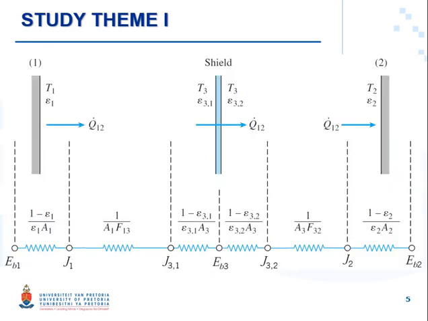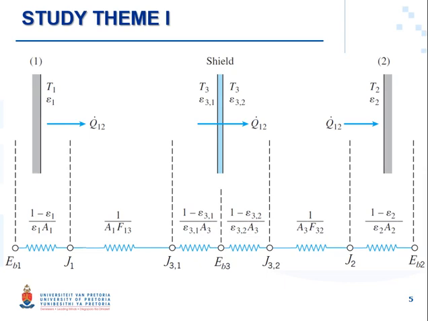Now you can see we have all those four surface resistances. Why? Because we have four radiosity active surfaces, and in order to connect those surfaces together we need space resistances. This is the final resistance network.